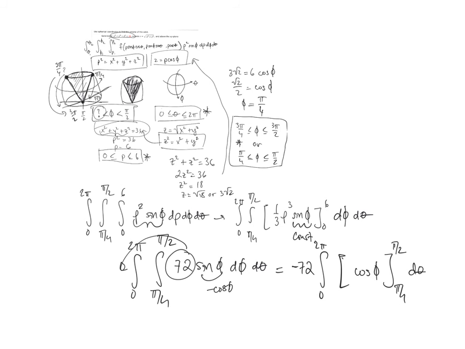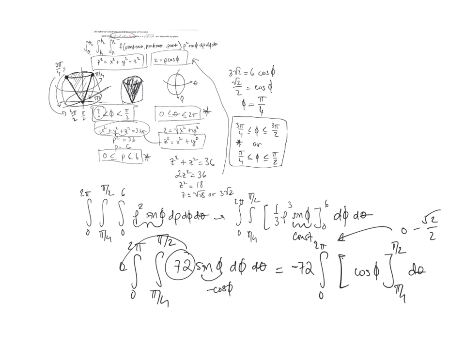So now you can evaluate the inside. You will have cosine of pi over 4, which is root 2 over 2, minus cosine of pi over 2, which is 0. So you will get negative root 2 over 2. It's also a constant, so you can pull it outside of the integral.